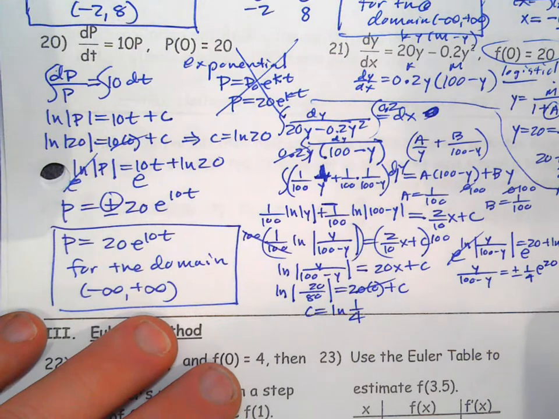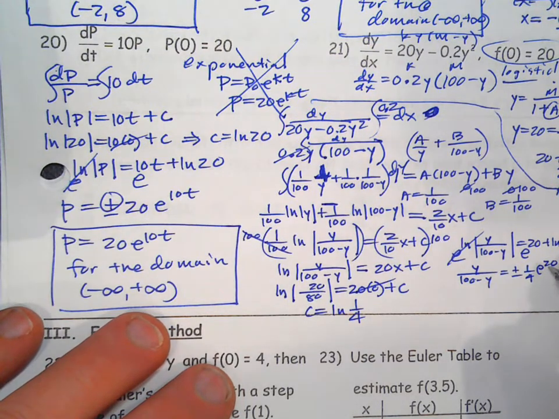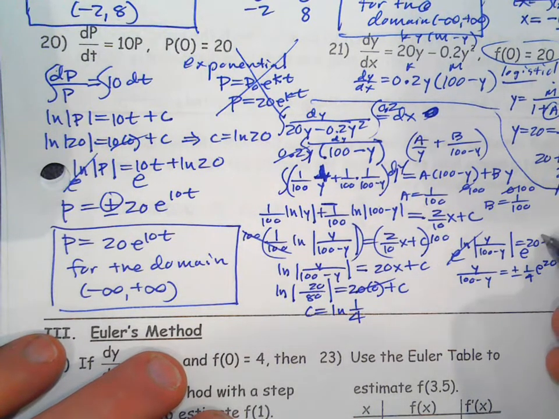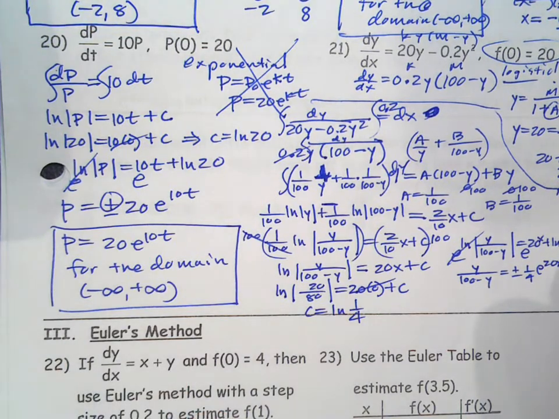Okay, is it positive or negative? If you plug in 0, did I lose something? Oh, there's an x there. Okay, you plug in 0 here, you get 1, so you get 1/4. And you plug 20 in here, you get 20 over 80 is 1/4. It's supposed to be positive.